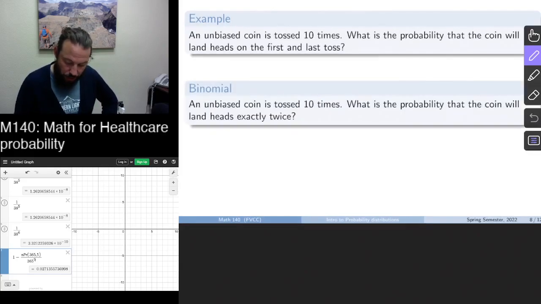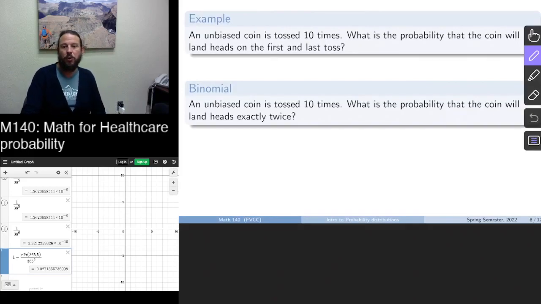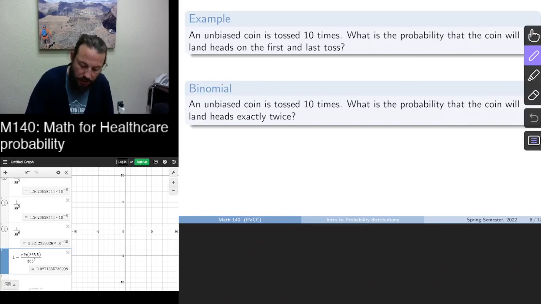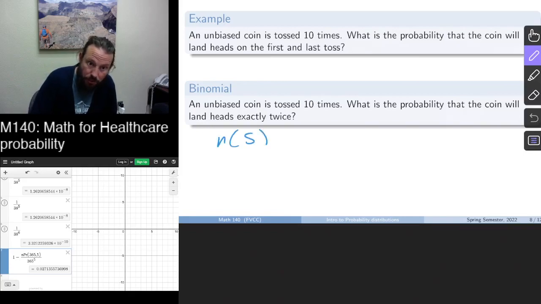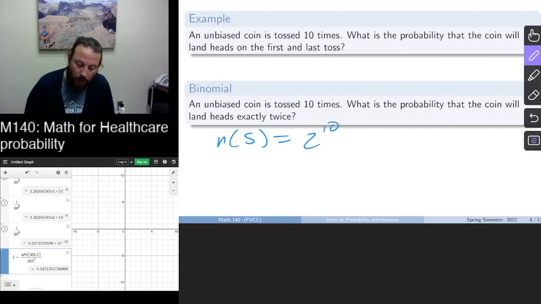Now, what is the probability the coin will land on heads exactly twice? So we saw this problem with 5 tosses. Now similarly, we still have the same sample space, 2 to the 10th, as the previous example. But here, exactly twice, you should be able to do this on your own after that first slide.